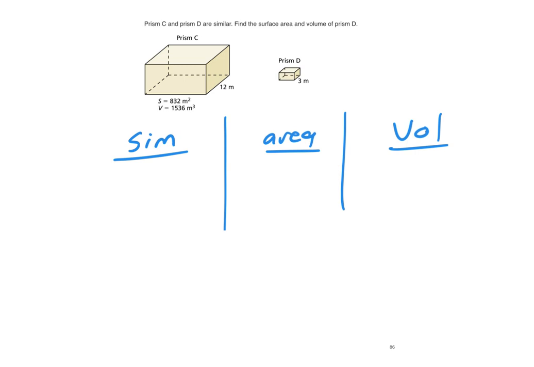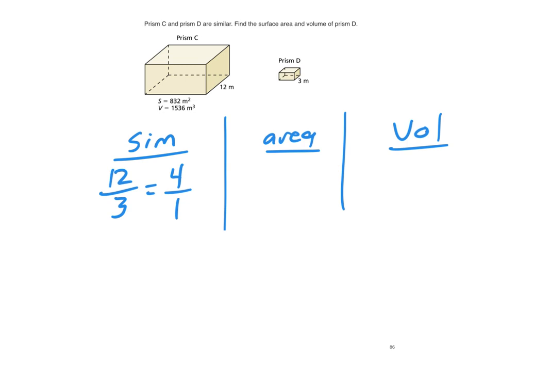The only side I know for these two boxes is 12:3. So my similarity ratio here is 12:3. If I reduce that, it would be 4:1. Would it be okay if I wrote 1:4 and went small to big? Sure. Okay. It doesn't say you have to go from the big one to the small one or vice versa. 1:4 or 4:1, either one is okay.